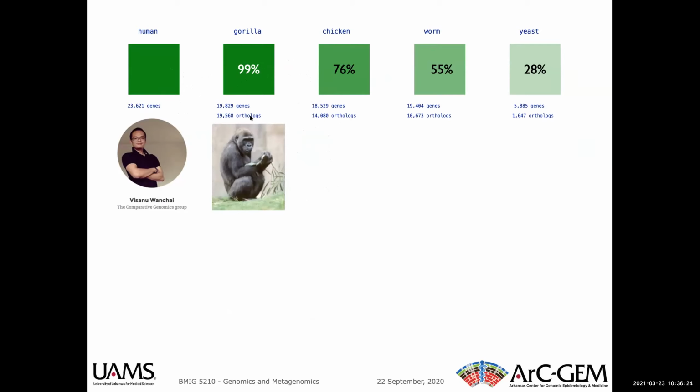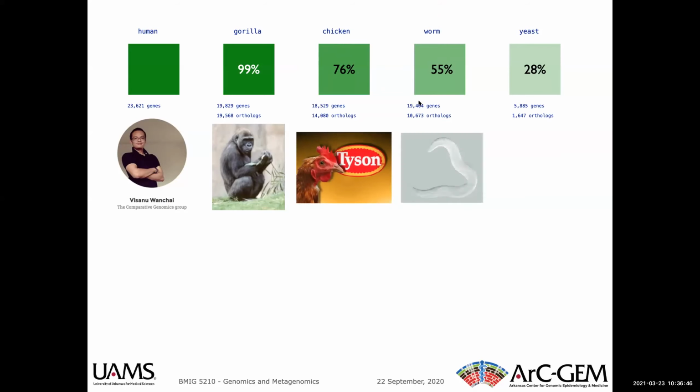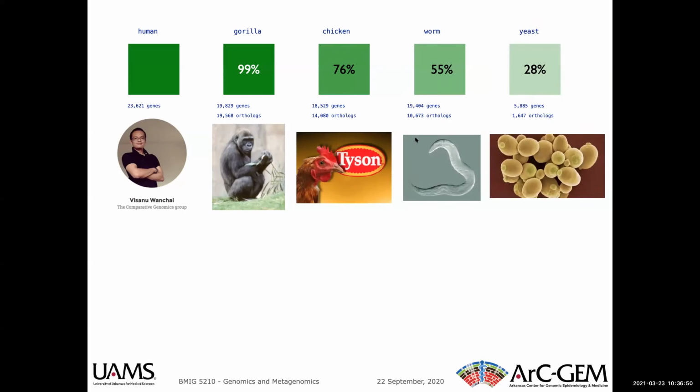We say humans have 23,621 genes, gorillas have 19,000, and of those, 19,568 are orthologs. So it's 99% identical to humans. You've probably heard this before. Chickens, on the other hand, have 14,000 orthologs, so they're 76% identical. Worm has 10,000 orthologs. They're 50% identical. And yeast has only 28%.